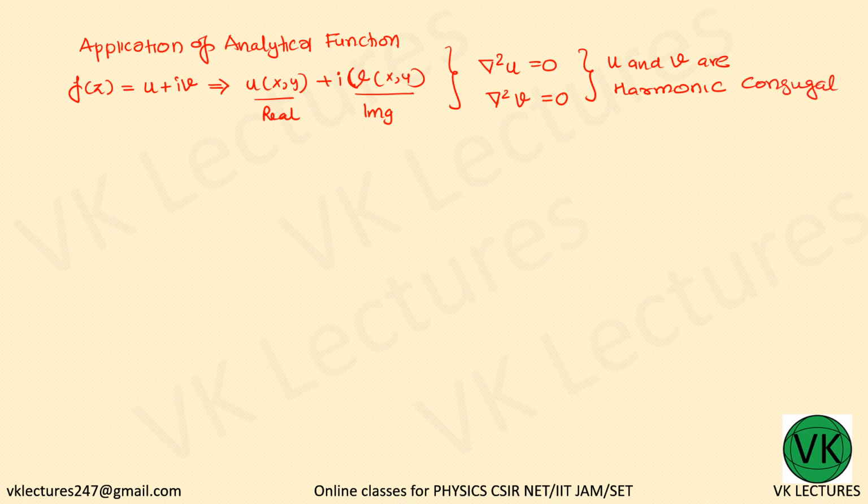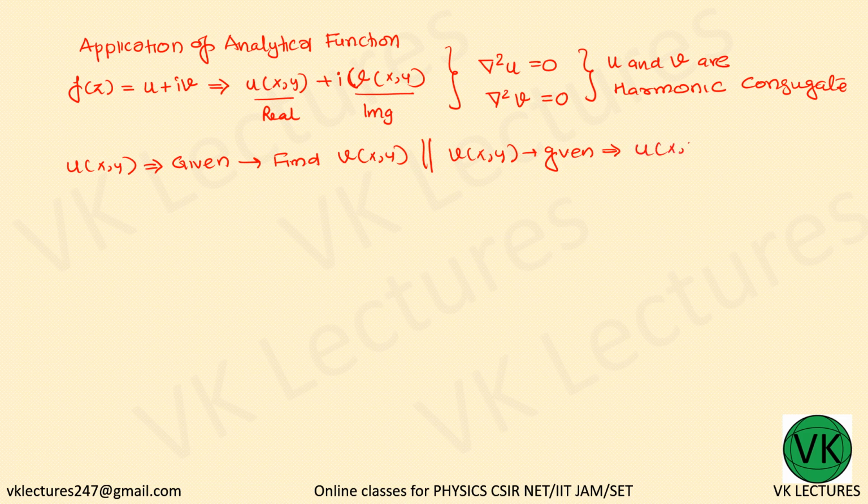Now, which means if you get u, you can find v, and if you are given v, you can find u. Suppose we have u of x comma y, which is a given quantity. Then we can find v of x comma y. Similarly, if v of x comma y is given, then we can also find u of x comma y.